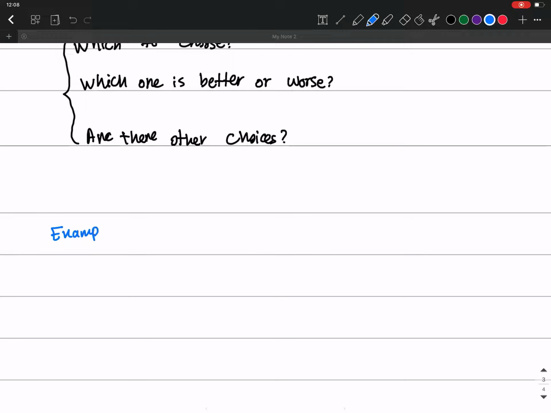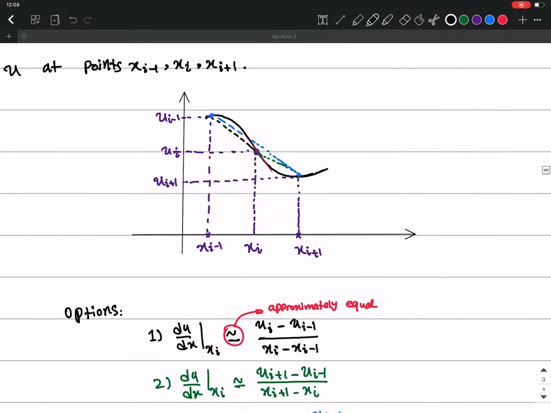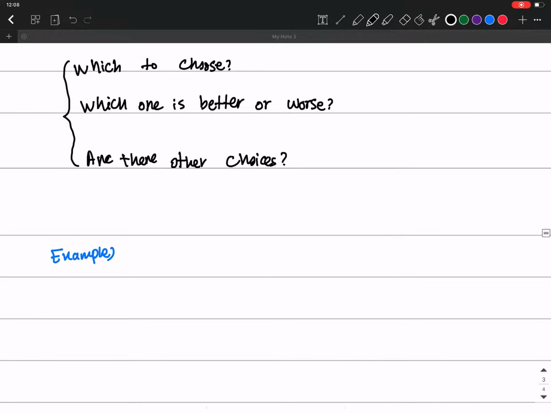So, second example: approximate d square u dx square, the second derivative of u with respect to x, at xi, using the same 3 points.